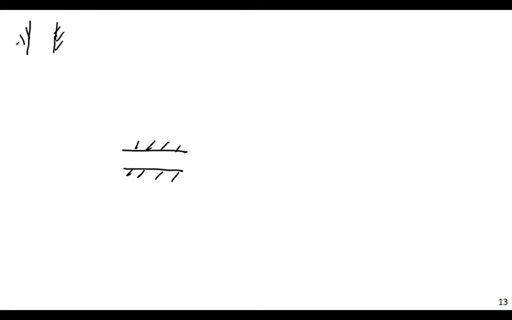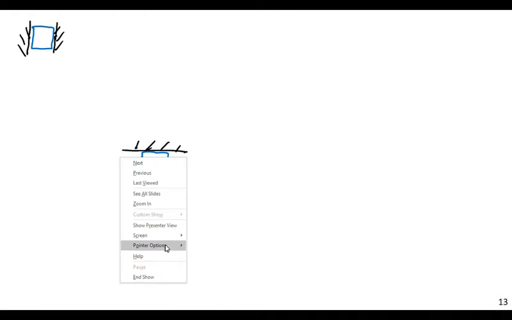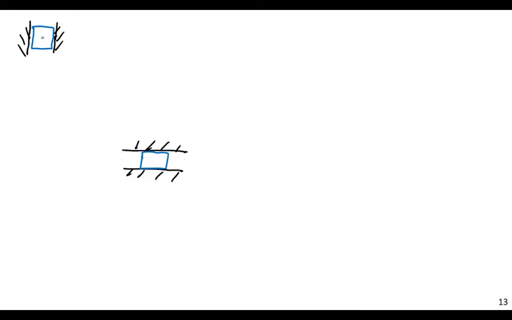Lovely. And so then we have a slider here and a slider here, and we have two pins on either end, something like this.